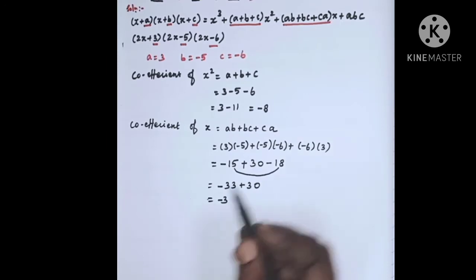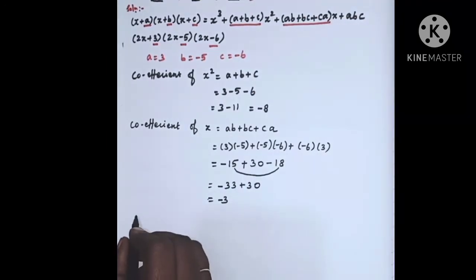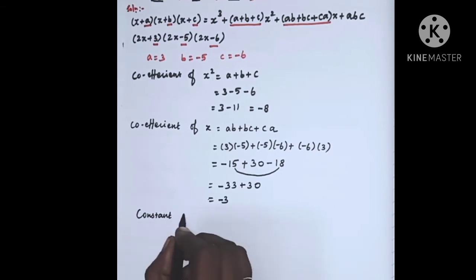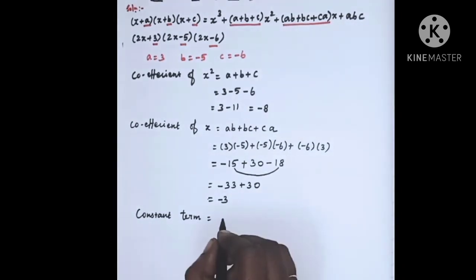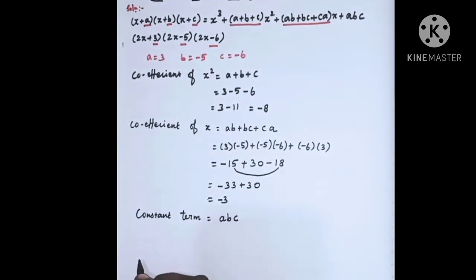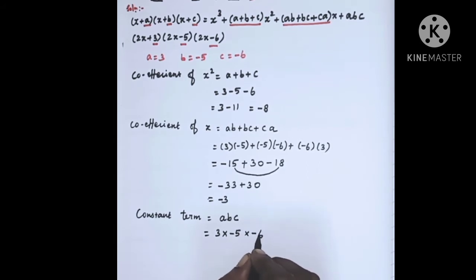And finally we have to find the constant term. So constant term is equal to, the constant term here is a into b into c. This is the constant term in the expression. So the value of a is 3 into the value of b is minus 5 into the value of c is minus 6.